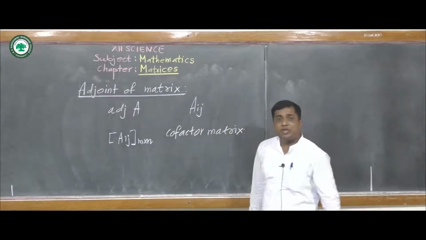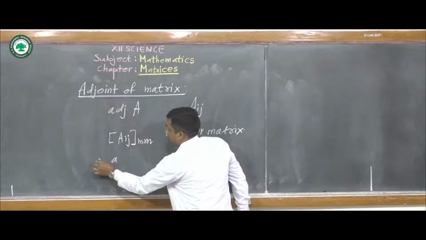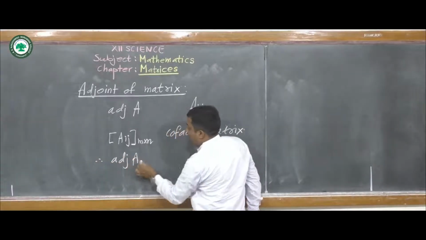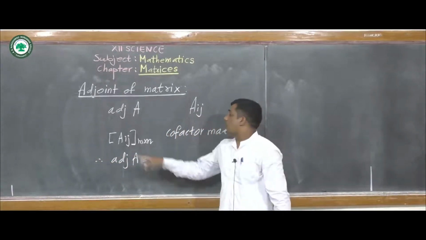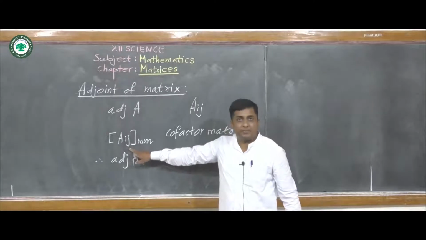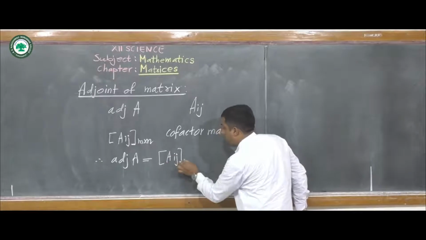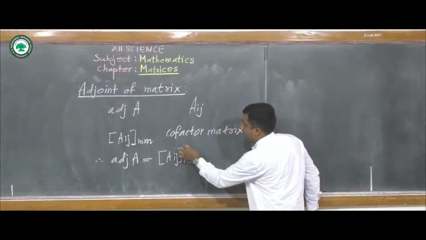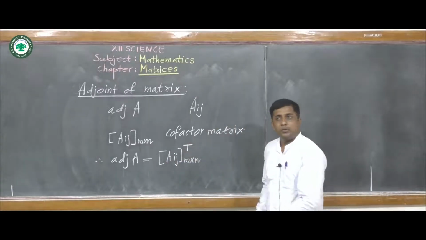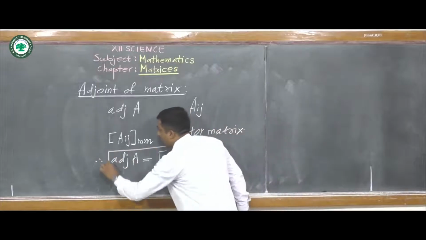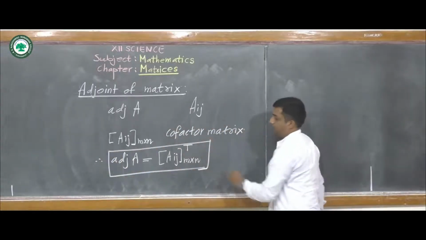Then the adjoint of A is the transpose of this cofactor matrix. That is, Aij having order m by n and its transpose. So by using this we find the adjoint of A.